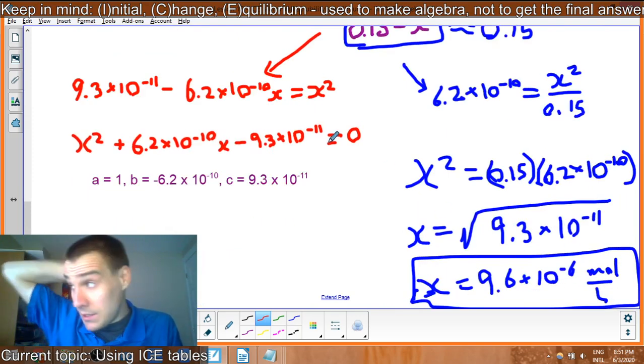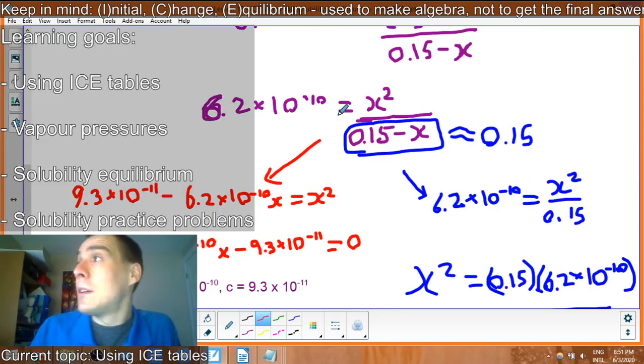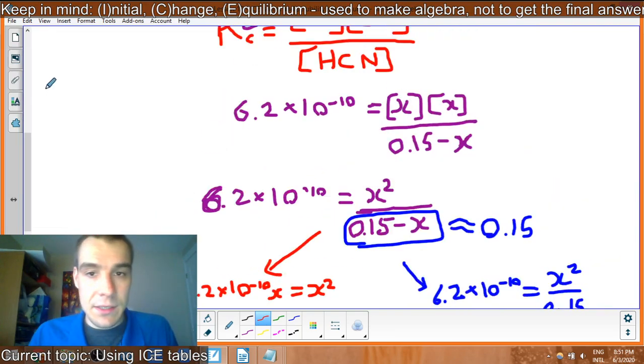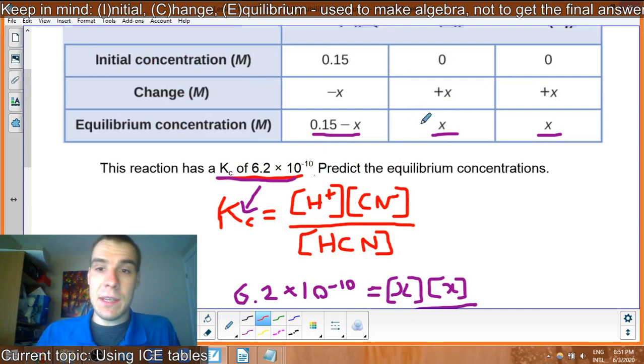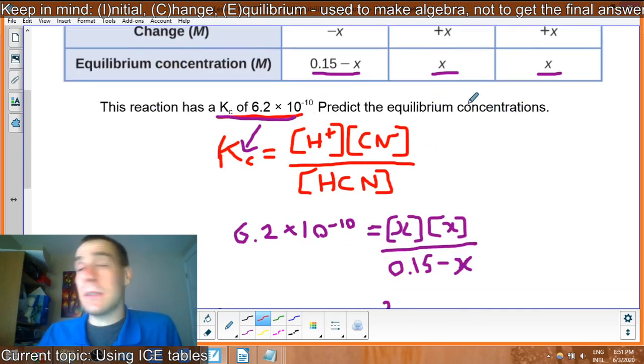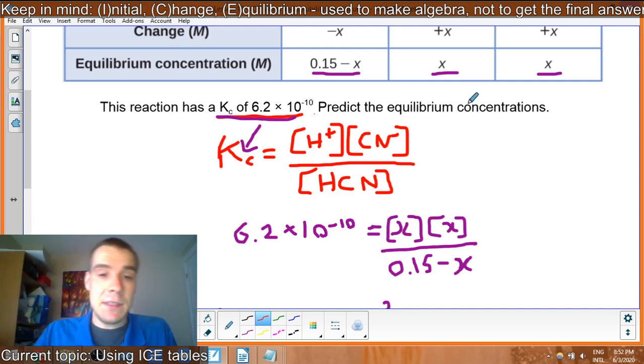Yeah, so that's using an ice table to solve these things, and using the K value and the ice table to predict equilibrium concentrations. I'm not going to actually make you guys do this. I just want to show you that it's possible because it's something that you'll be doing in university if you take chemistry in university.